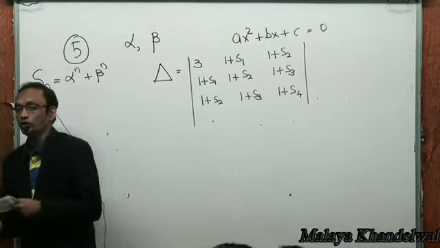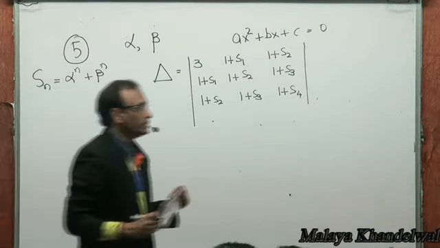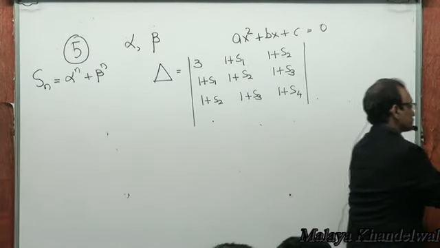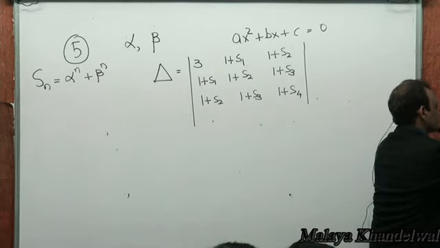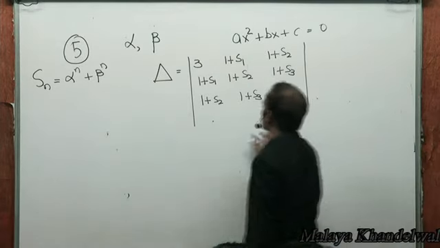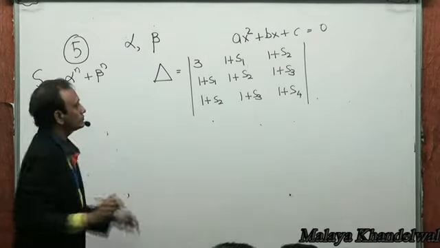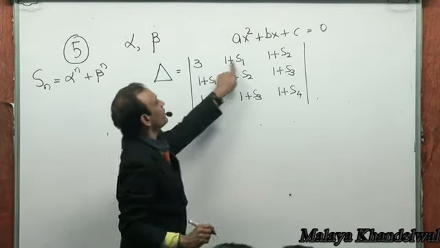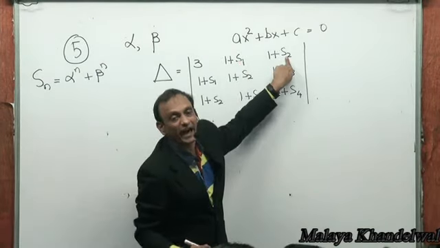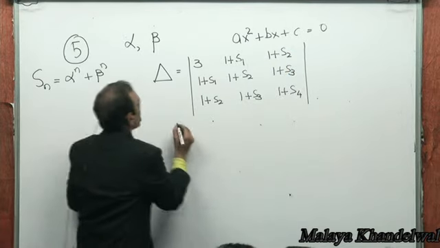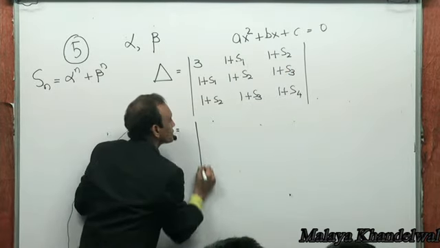We want to find the value of this determinant. Clear? Very clearly, S1 would be alpha plus beta, S2 would be alpha squared plus beta squared, etc. In the first place, let's do that.